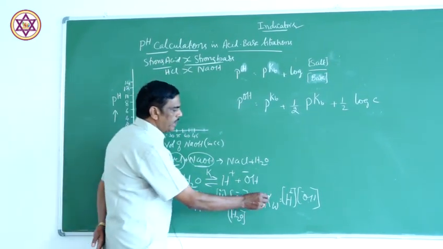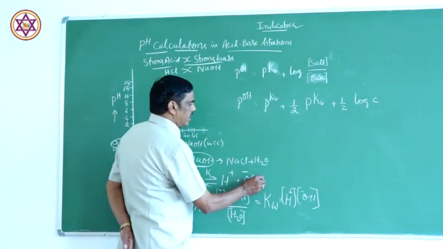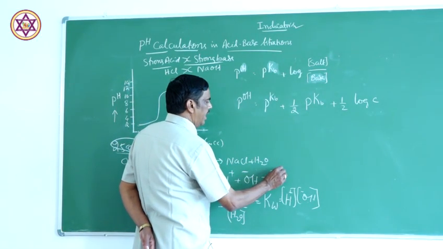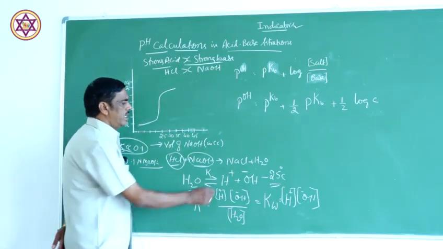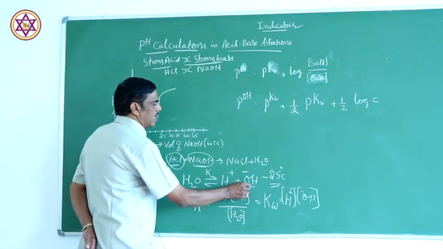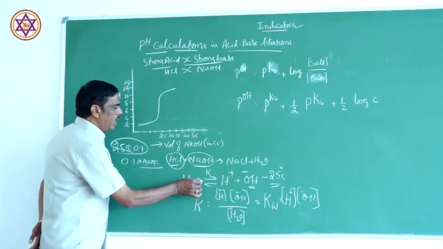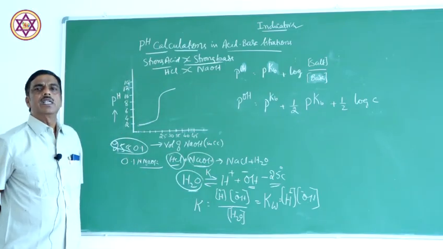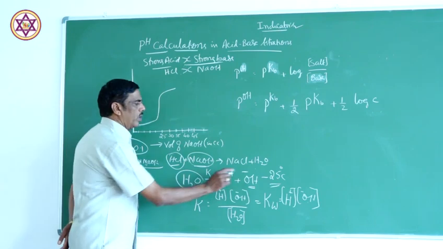Now, actually at 25 degree centigrade, this ionization takes place to form the concentration of H plus as 10 to the power of minus 7 and concentration of OH minus as 10 to the power of minus 7. Actually 1 in 10 to the power of 7 molecules undergoes ionization to form H plus and OH minus.